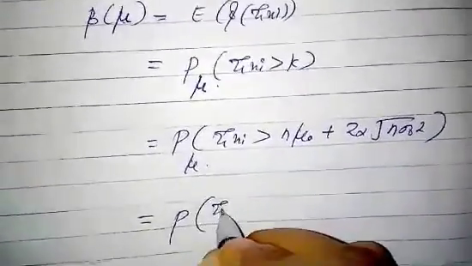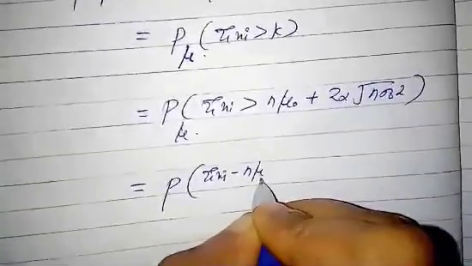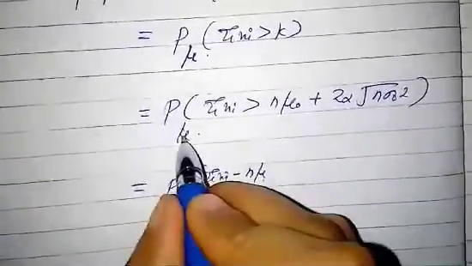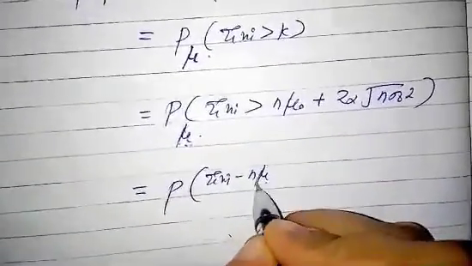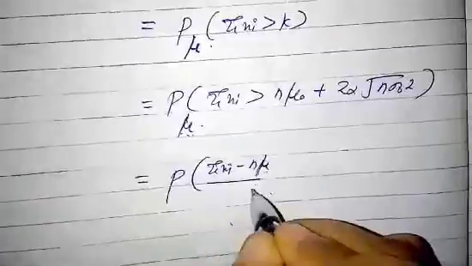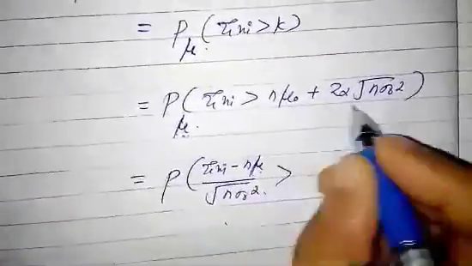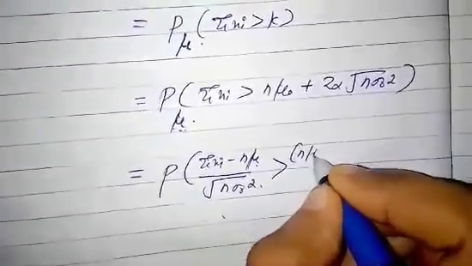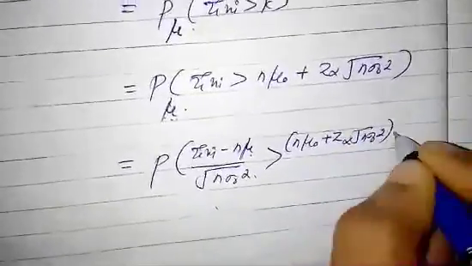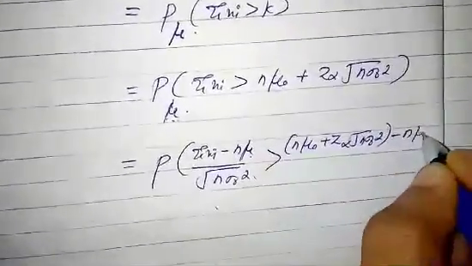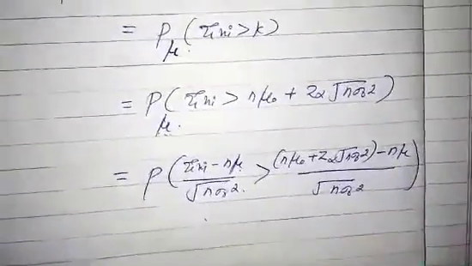For that, summation xi minus n mu, because here we take it under the parametric space, that means n into mu, divided by square root of n sigma naught square, is greater than n mu naught plus z alpha square root of n sigma naught square minus its mean, that is n mu, divided by square root of n sigma naught square.